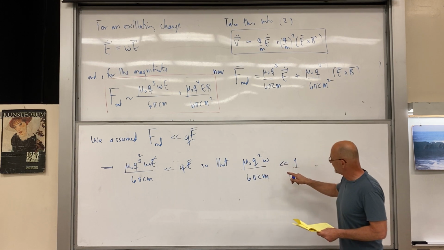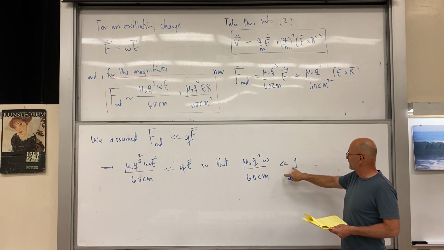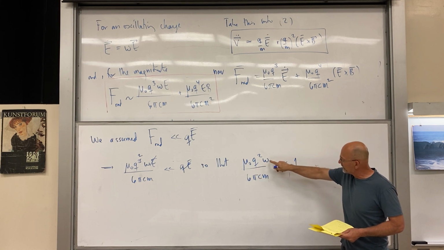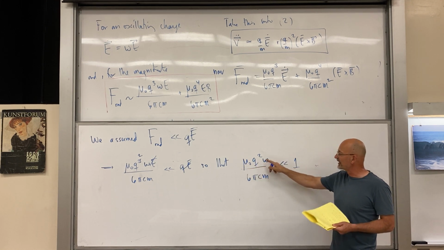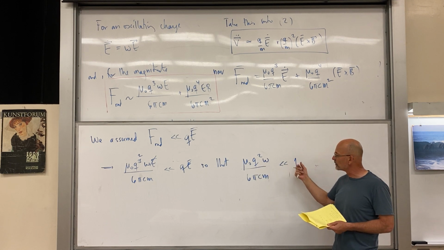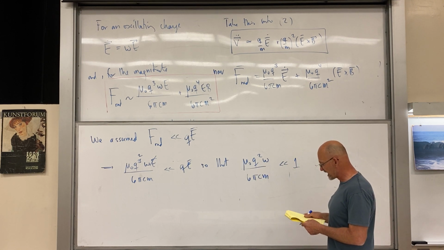By the way, this is dimensionless, so this of course is our tau, right? So this is that omega times tau is much less than 1. So we can continue with that idea.